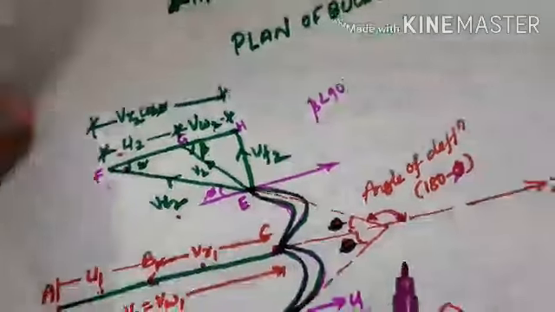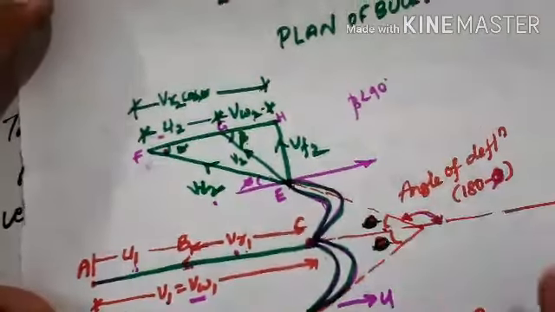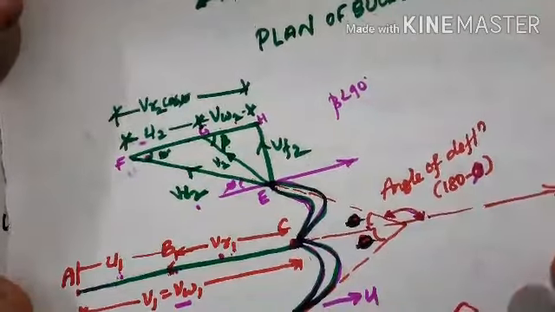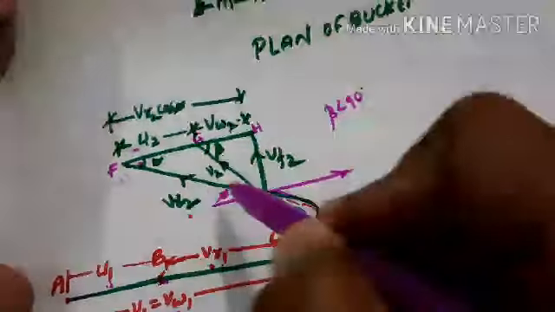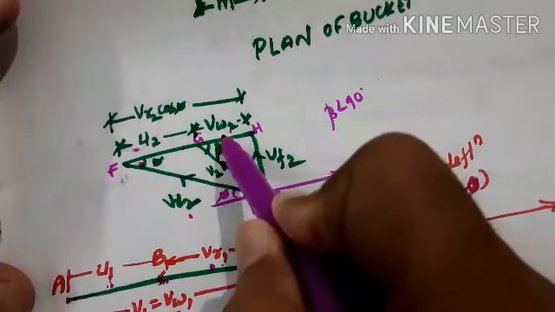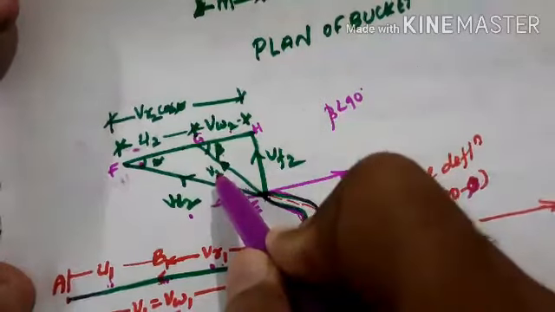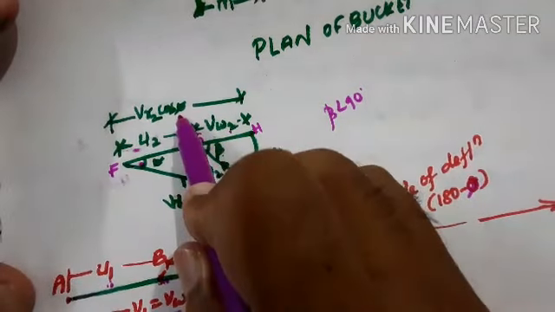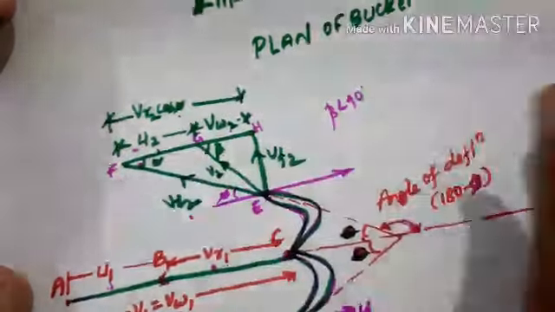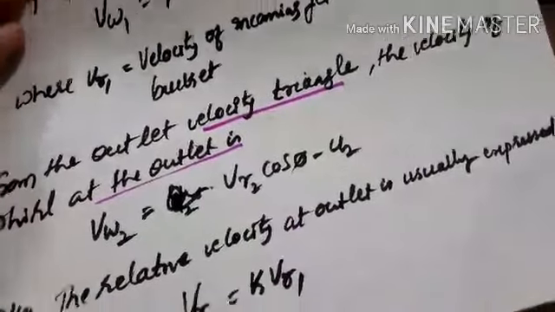Whatever values we are taking for the calculation of force all depend upon these velocity triangles. Vw2 is the component of V2 in the horizontal direction, equal to Vr2 cos phi minus u2.